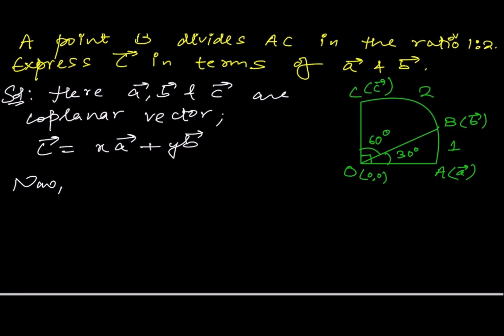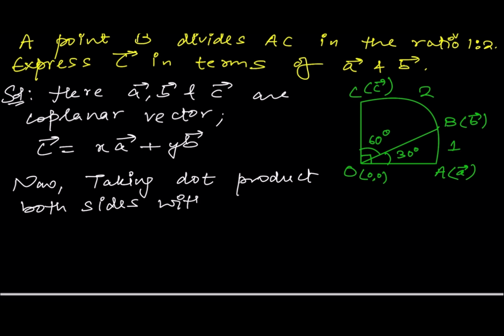So now what we will do, we will take a dot product of vector A both sides, right? Taking dot product both sides with A vector.